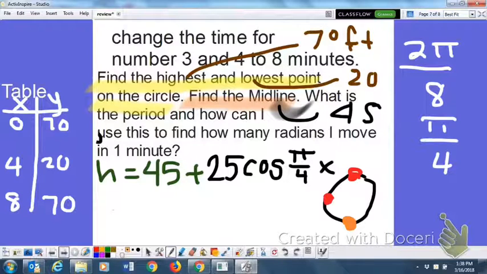So it'll be half of 4, which would be 2. So after 2 minutes, I get to the middle. And how high was the middle? The center is 45. So what am I counting by? 0, 2, 4. What would the next number be? 6. So after 6 minutes, am I going to be at 70, 45, or 20? It's going to be 45.